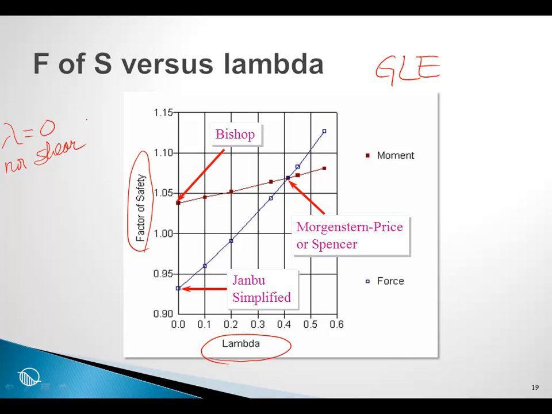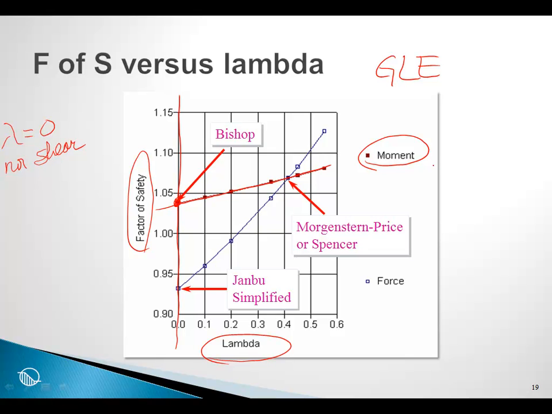Therefore, Bishop's simplified method said that he would satisfy only overall moment equilibrium and ignore interslice shear. So the Bishop factor of safety on this plot falls on the 0 lambda axis and satisfies only moment equilibrium.